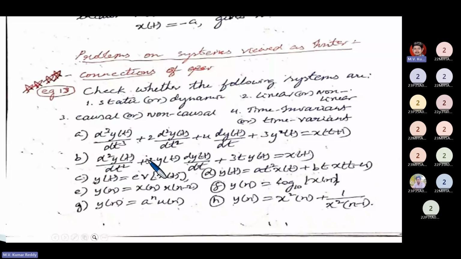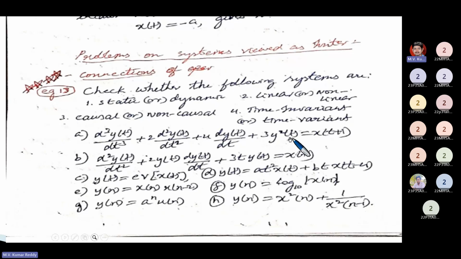If it is y of t, that is present value. If it is t plus 1, that is future value. If it is t minus 1, that is past value. Okay, these points are very, very important.